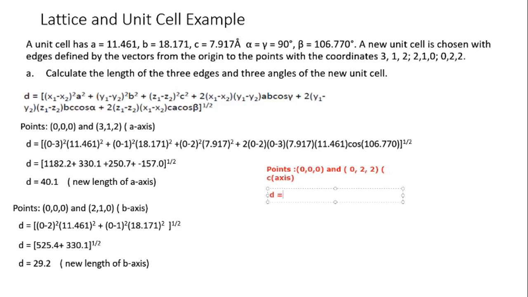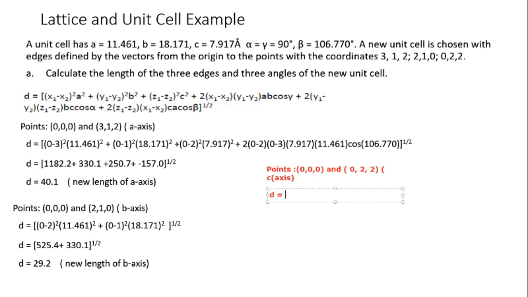So distance equals, the a component is going to be 0 because the new coordinate and the old one both have a as 0, so we can get rid of all the x coordinates.